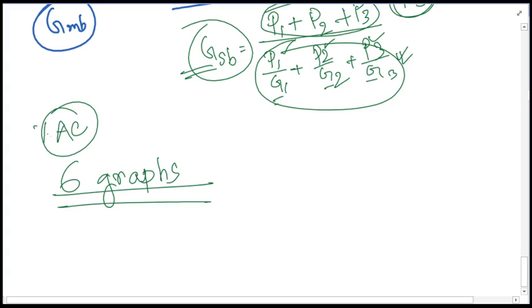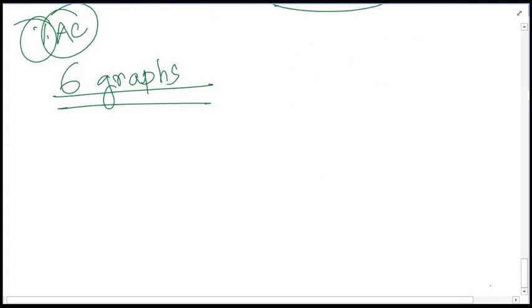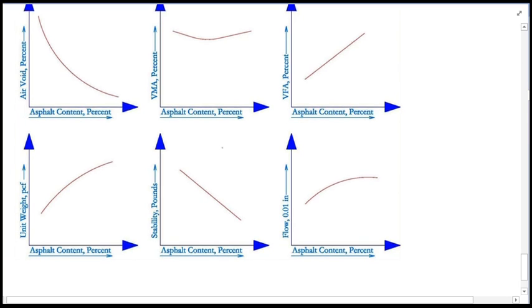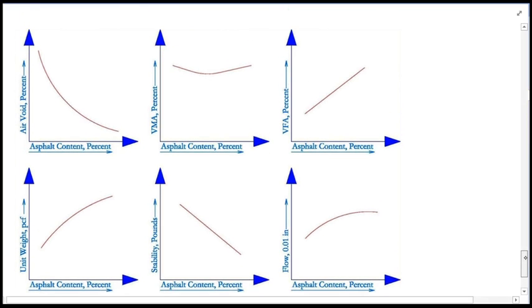These are typical graph patterns which might also appear in your exam or quiz, so you should be able to draw all of them.